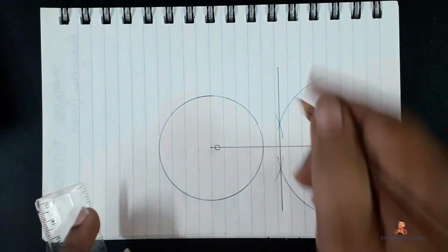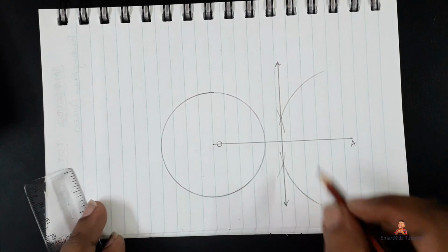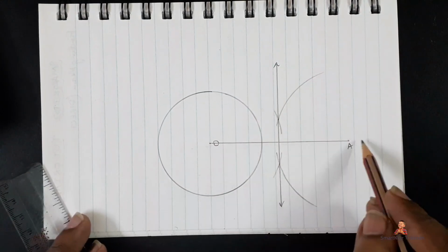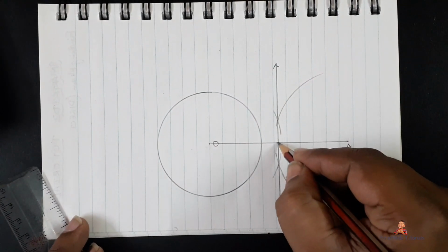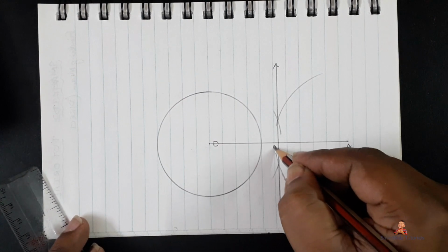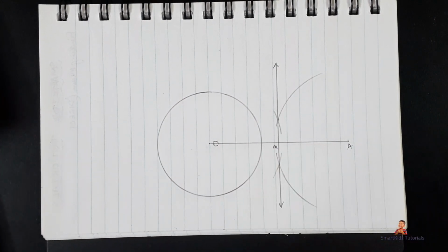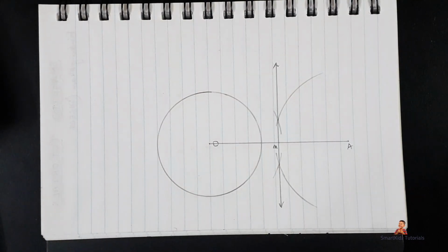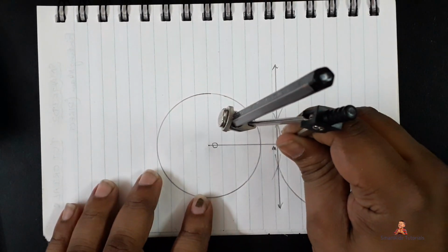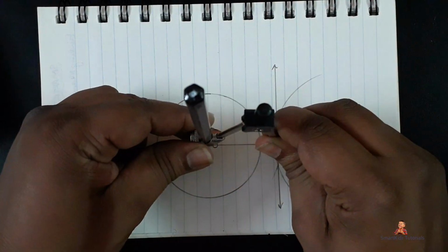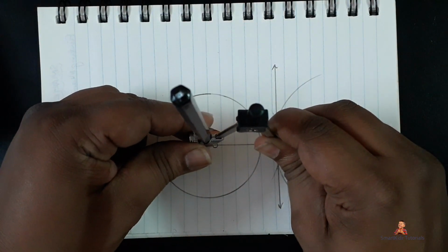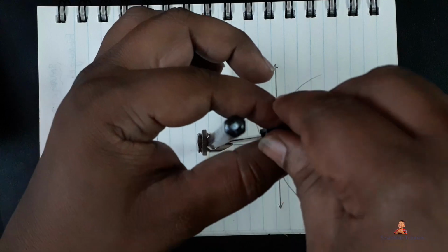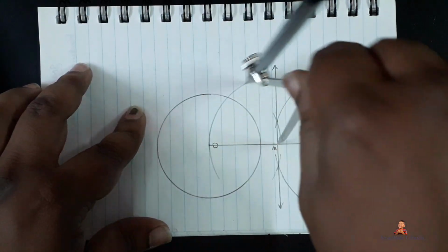Okay, and where this line intersects this line, we'll mark that as M. So next what we need to do is, using our compass, we need to measure OM because this will become our new radius, and using that as a radius we will then draw another circle this way.